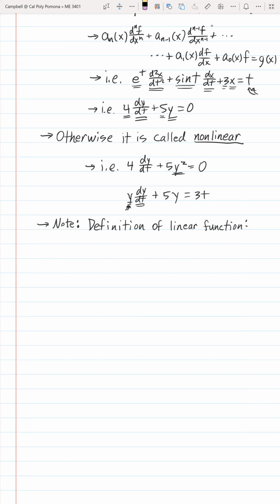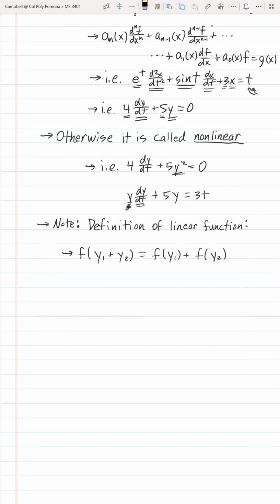For a linear function, we would have that f of y1 plus y2 is equal to f of y1 plus f of y2. Now, saying that in math, you might think, what's the difference already? But actually there is a very distinct difference here, and that's what I want to cover.